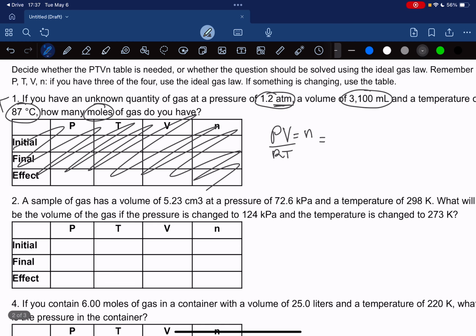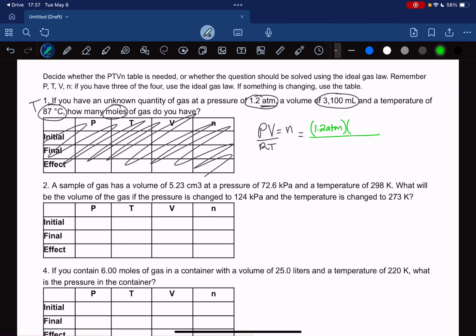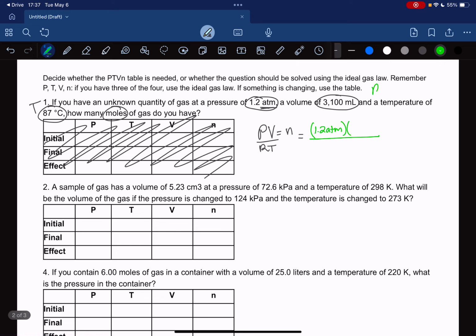Now all that's left to do is to plug in our numbers for pressure, volume, temperature, and of course our gas constant R. Our pressure is easy, that's 1.2 atmospheres. My volume is given as 3,100 milliliters, but since this is an ideal gas law problem and the value of R is based on the units liters, atmospheres, moles, and Kelvin, if I am given any numbers that are not in these units, I have to first convert them in order for this R to be accurate.